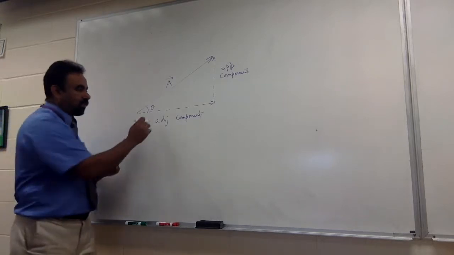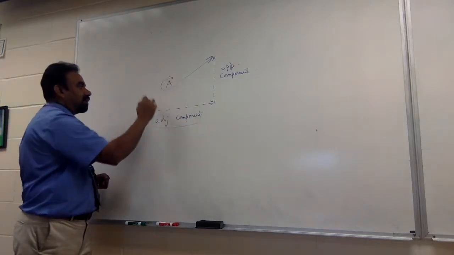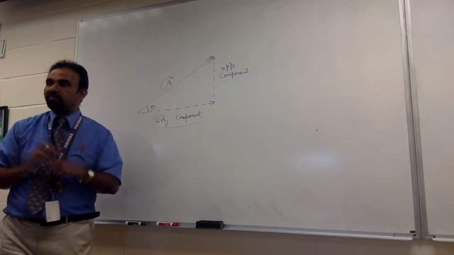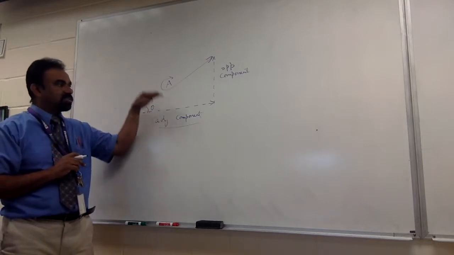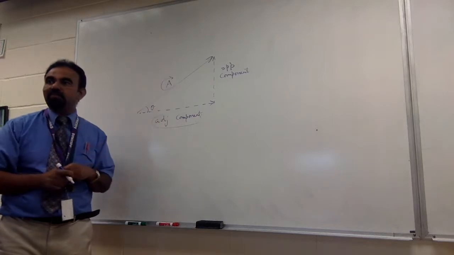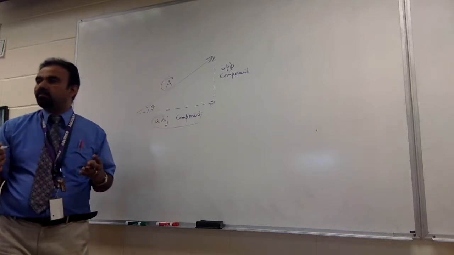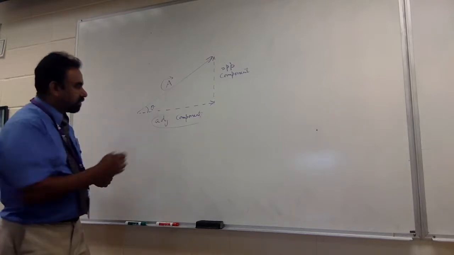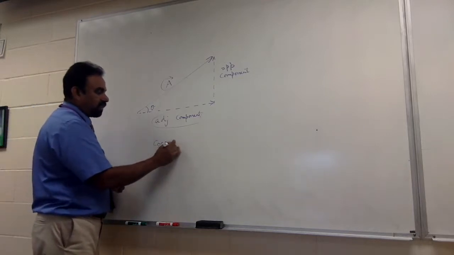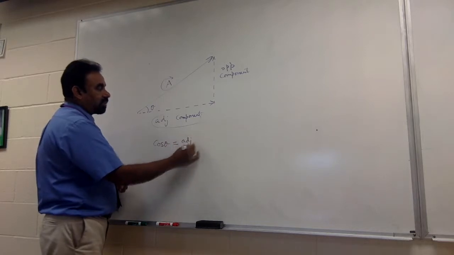So what is the connection between this side and this angle? What connects the adjacent side, the hypotenuse, and the angle? Trigonometric connection. The cosine. So cosine of theta is equal to adjacent over A.